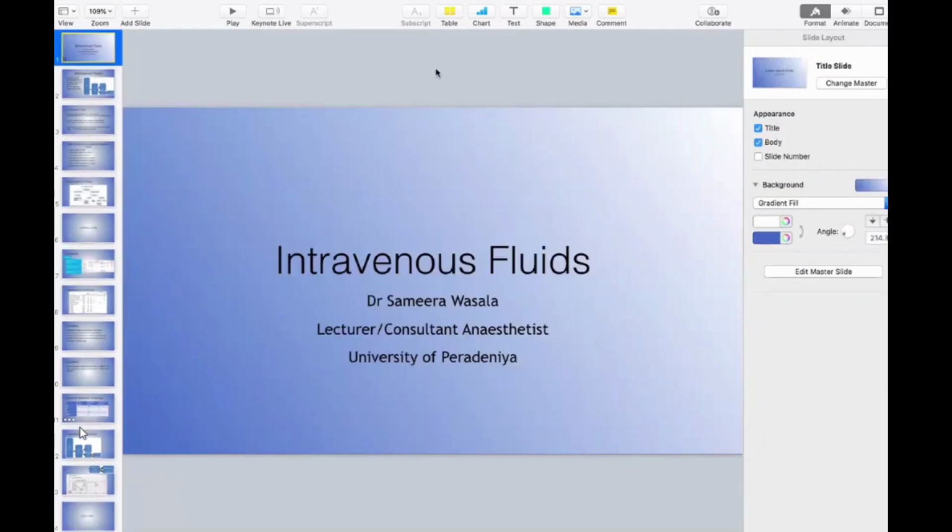When you go to the ward and see they are giving fluid, think why this patient is given crystalloid, and why normal saline, why not Hartmann solution, and how fast the fluid is going. Is it a maintenance fluid? Is it resuscitation? Why is this patient getting fluid? And what are the complications? Whether he has developed any complication because of this intravenous fluid. And when can you stop the fluid.